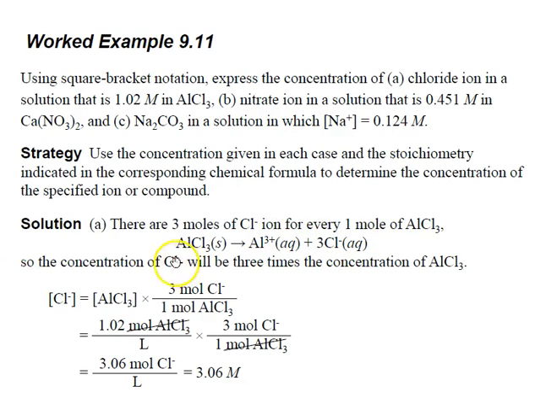The concentration of our chloride ion will be 3 times the concentration of the aluminum chloride. So written out, concentration of chloride is going to be equal to the concentration of aluminum chloride times 3 moles of chloride and 1 mole of aluminum chloride. So putting some numbers in here is just 1.02 times 3, and we get 3.06 molar.